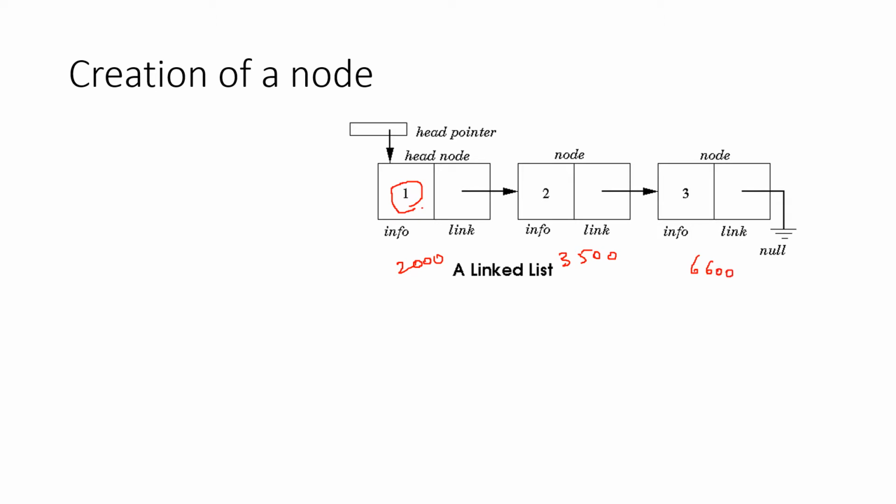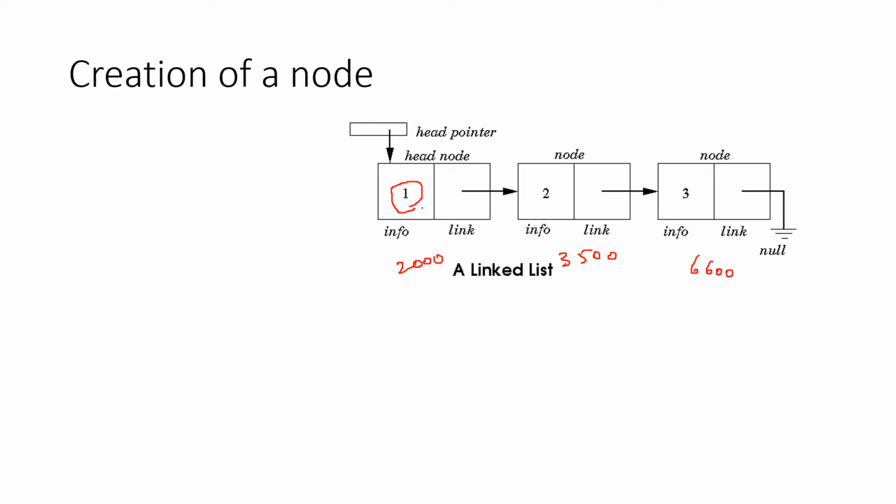And you just see the memory locations of these three nodes. These are not at all consecutive memory locations. It means these memory spaces are scattered.